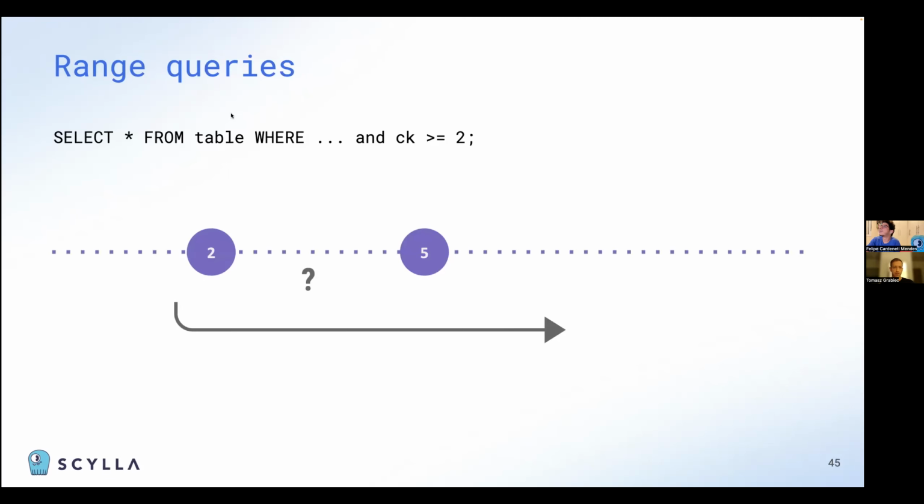Take range scan, for example. If your cache is just a set of keys, then you don't know if between the keys there isn't some data on disk which the cache doesn't contain. So if you had a naive implementation of the cache, then such a scan would have to always go to disk to figure out if there are any keys between the keys which are in cache.